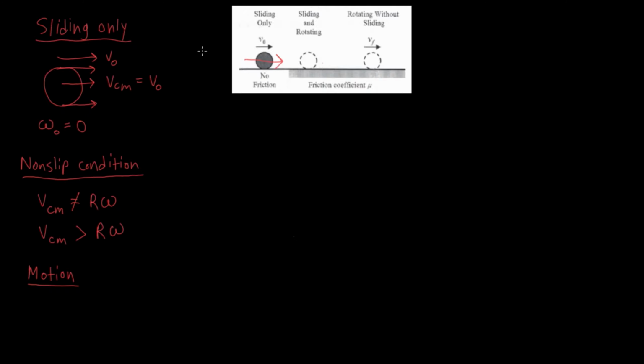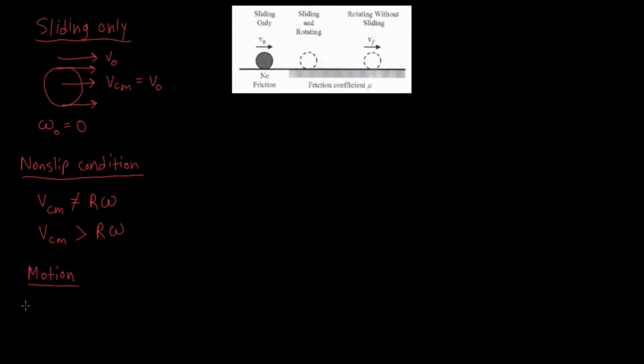And so we can just treat this circular object as a normal point mass since it has no rotation. And so the object has only translation forward, but it has no rotation. So we can just use normal kinematic equations to describe the motion of this object.